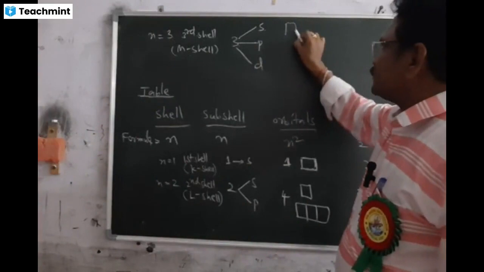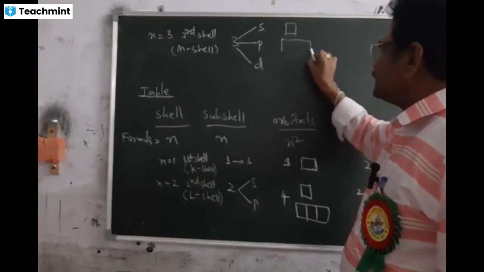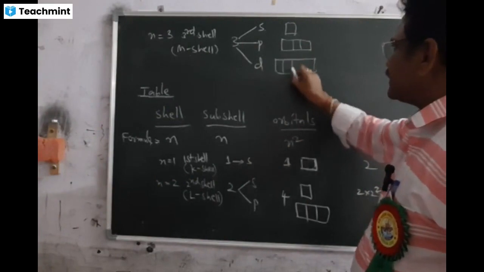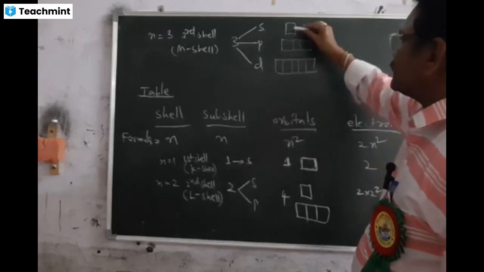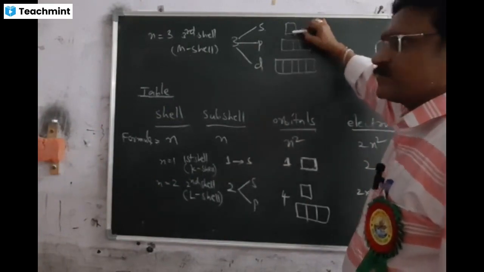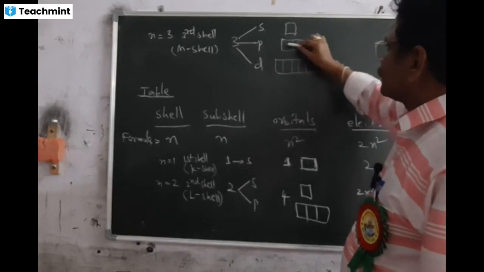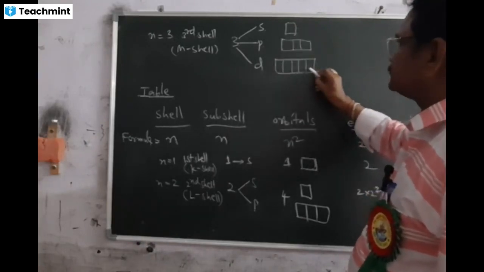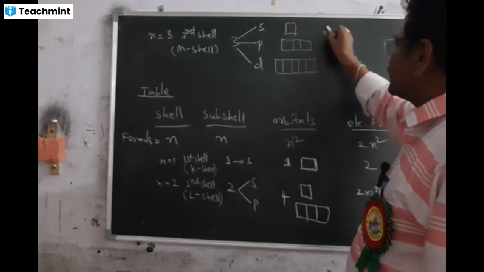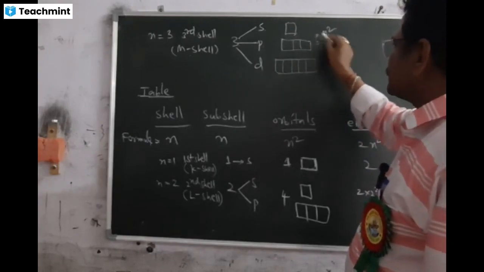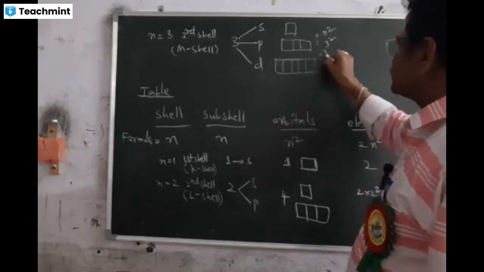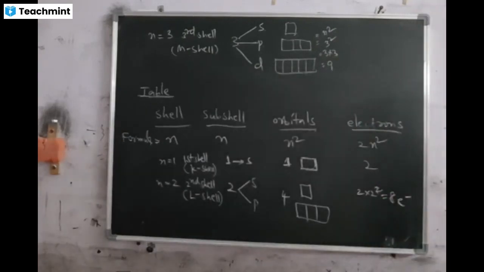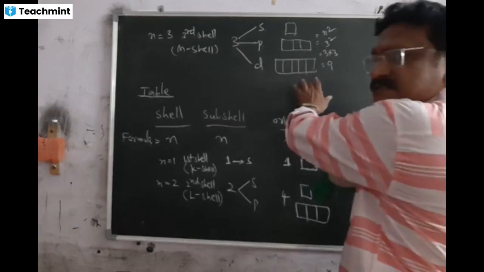S is 1 orbital, P has 3 orbitals, D subshell contains 5 orbitals. Total orbitals: 3 plus 1 is 4, plus 5, that is 9. That means n square, 3 square, 3 into 3, that means 9. Do you understand this, Lucky?